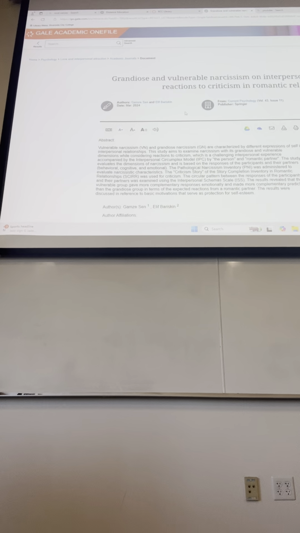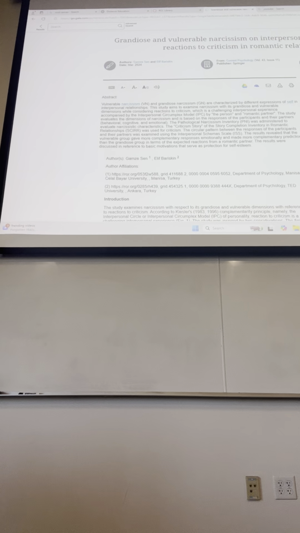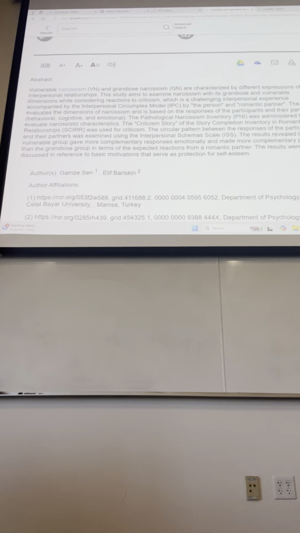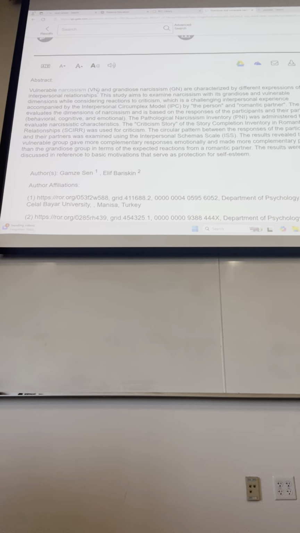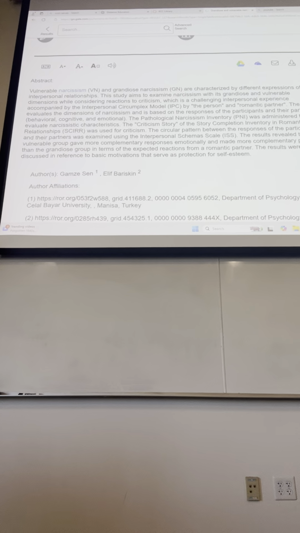I know, right? Okay. So it looks like, here's the abstract. Let me turn it up a bit so we can see what we're looking at. Now let's see if I want this study, because it says vulnerable narcissism and grandiose narcissism are characterized by different expressions of self and interpersonal relationship.